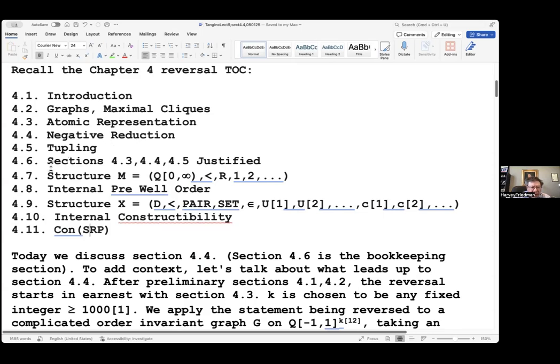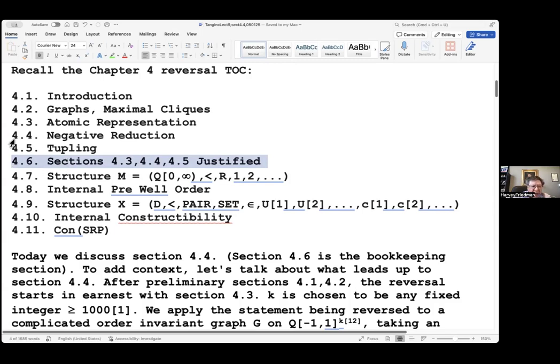But it's an important thing because the definition of the order invariant graph is a monstrous thing, and it gets kind of rolled out in sections 1 through 5 from time to time. So you have to actually justify that you've done this legally. You've really actually legally defined a graph.